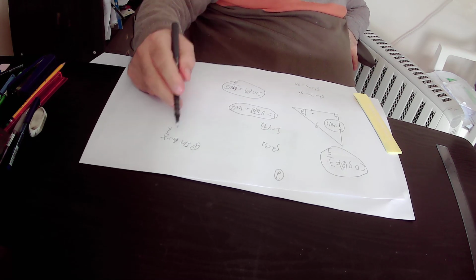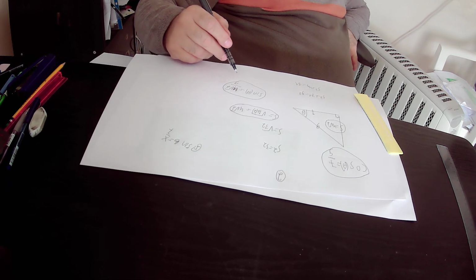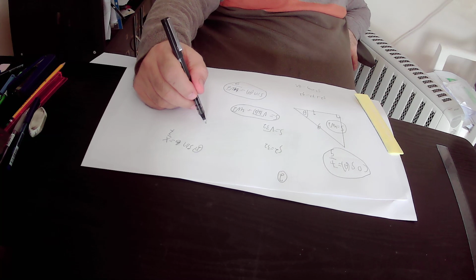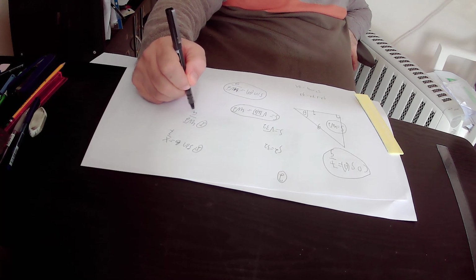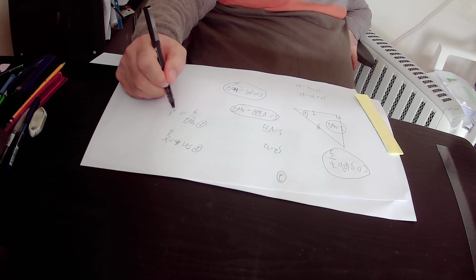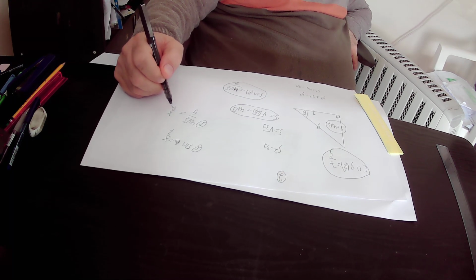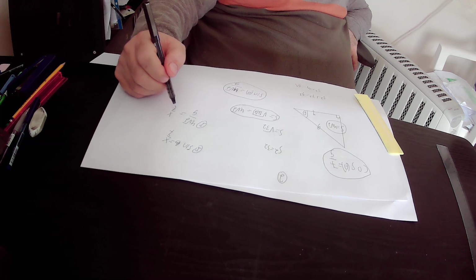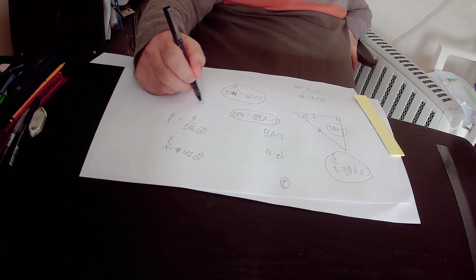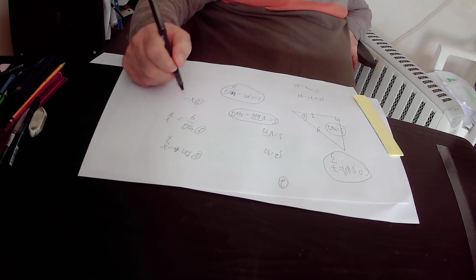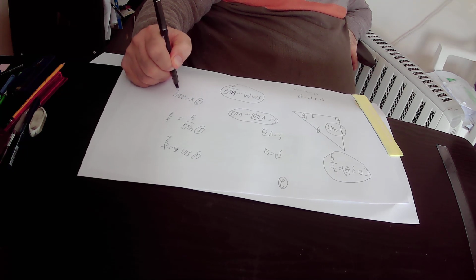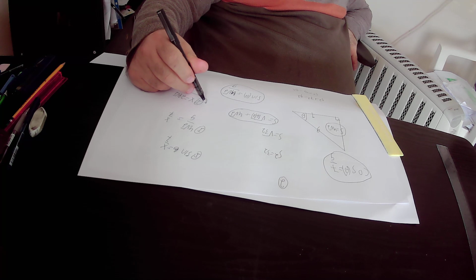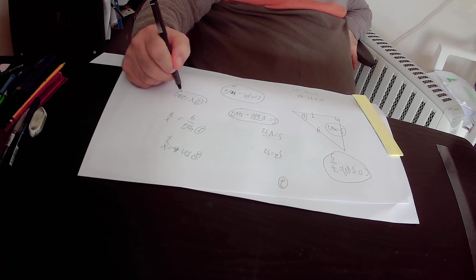So we substitute sine theta by 4 times square root of 2 over 9, and we multiply equation number 1 by 7, and we get that x equals 28 times square root of 2 over 9 square units.